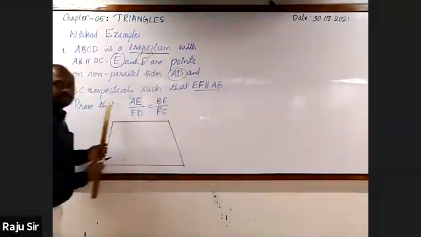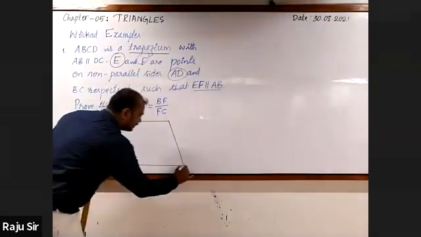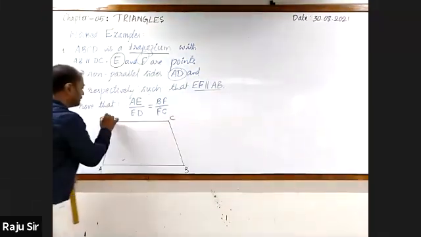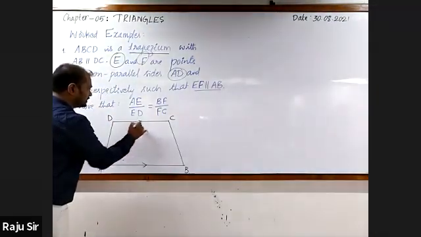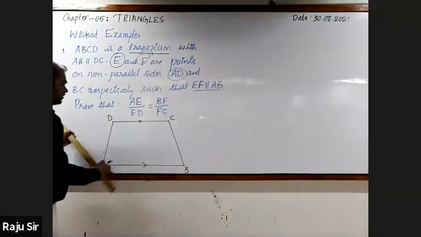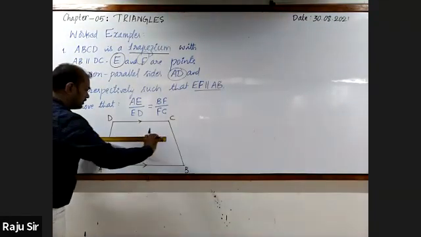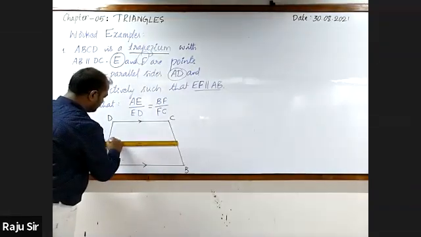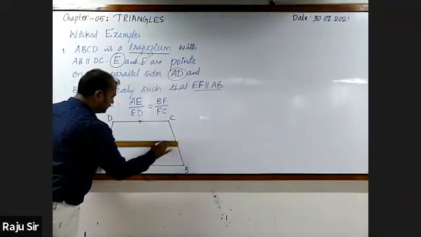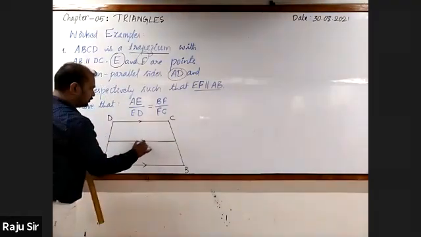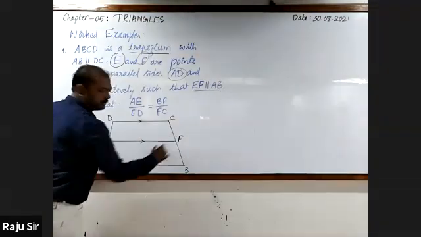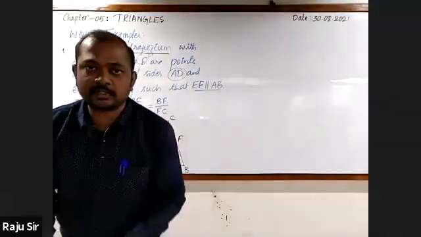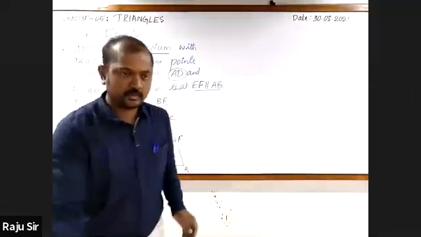As it is a trapezium, let us show the parallel sides. The parallel sides are AB and DC as they are given. The non-parallel sides are AD and BC. Let us draw the line parallel to AB, call it EF. E and F are the points on non-parallel sides. Draw that quickly.